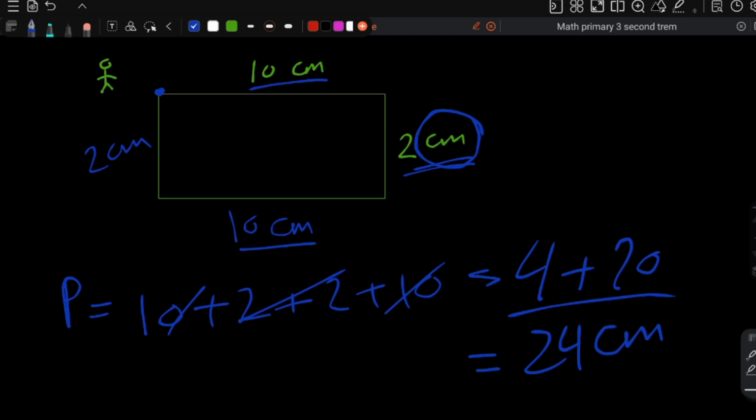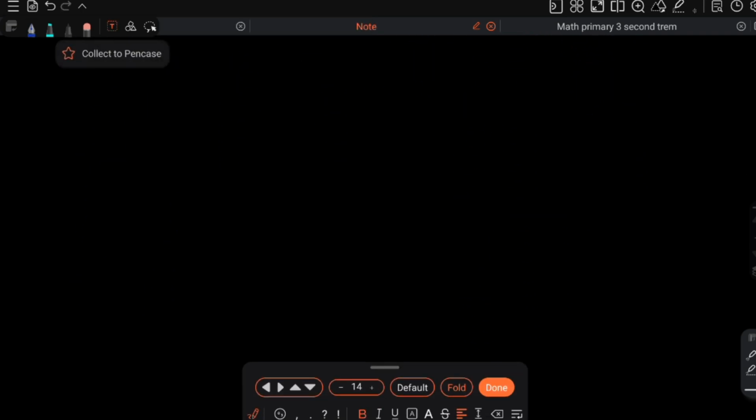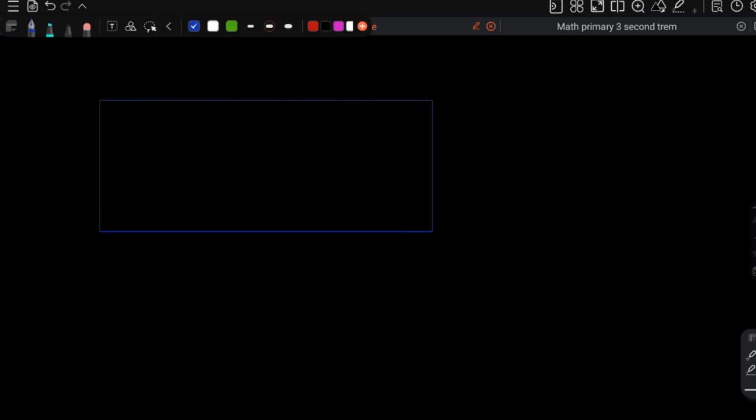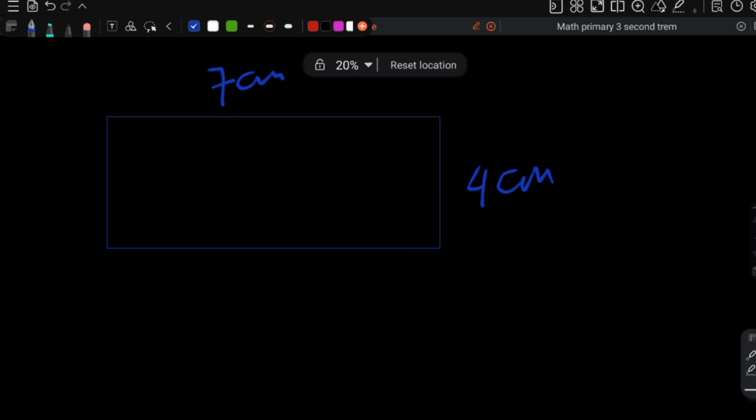If I told you that I have another rectangle, for example, this rectangle, and let's imagine that this one is 4 centimeters and this one 7 centimeters. We can get the perimeter by a common rule specifically designed for my rectangle.